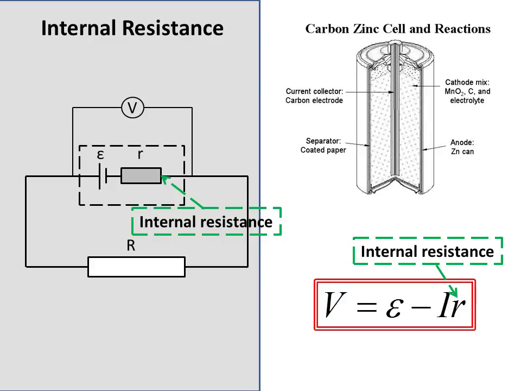So in reality, this internal resistance will cause the cell to use up some of its theoretical voltage before it is given out. So we can work out how much theoretical voltage is used up by multiplying the current by the internal resistance.